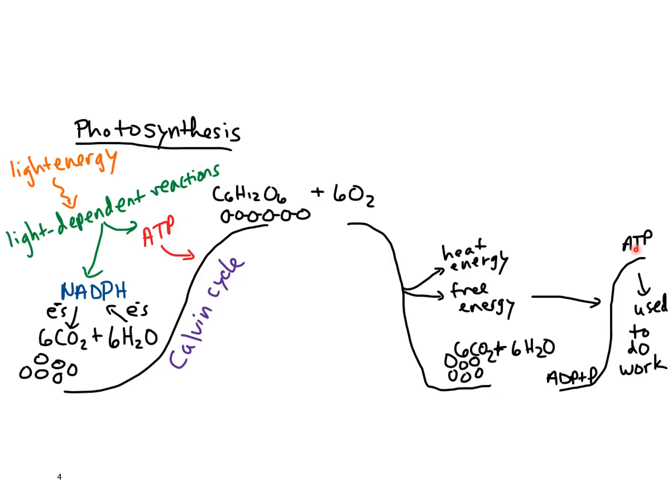And then later on, they can break the ATP down, release the energy, and then use that ATP energy to do work. So maybe they're doing chemical work, maybe they're doing some anabolic reactions, maybe they're doing some transport work, maybe they're doing some sort of active transport, or maybe they're doing mechanical work. Maybe they're doing something like moving flagella, or the cell is dividing or something.